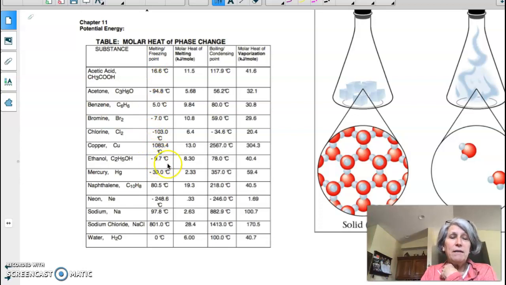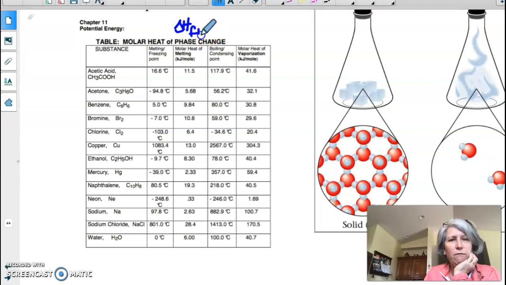But the interesting piece here is we're going to look at ethanol, for instance, and here's the molecular formula for ethanol. If you were looking at this freezing melting point, which happens to be at negative 9.7 degrees C, this is what we call the molar heat of melting. It also has another name. This also can be called the delta H of fusion.